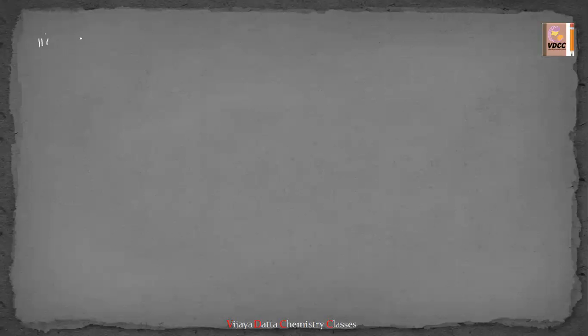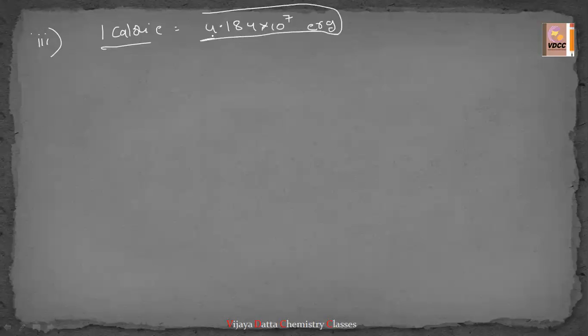If you want to calculate R in calories, then 1 calorie is equal to 4.184 into 10 to the power of 7 ergs.